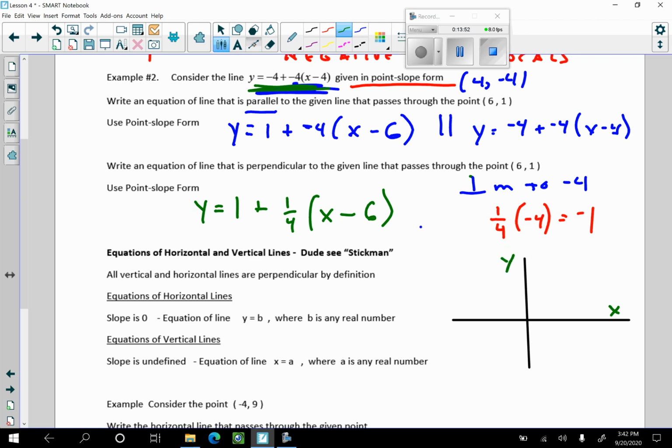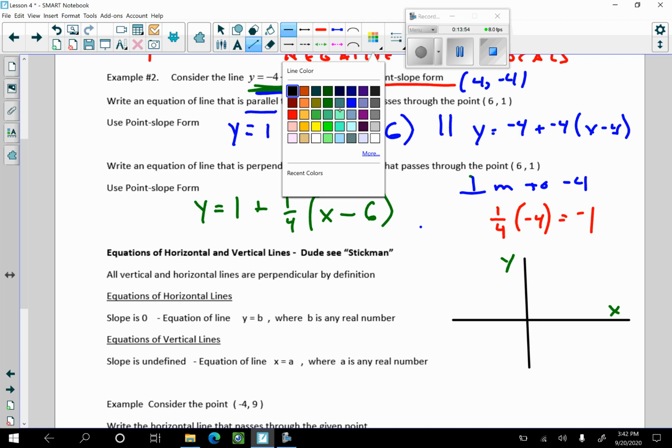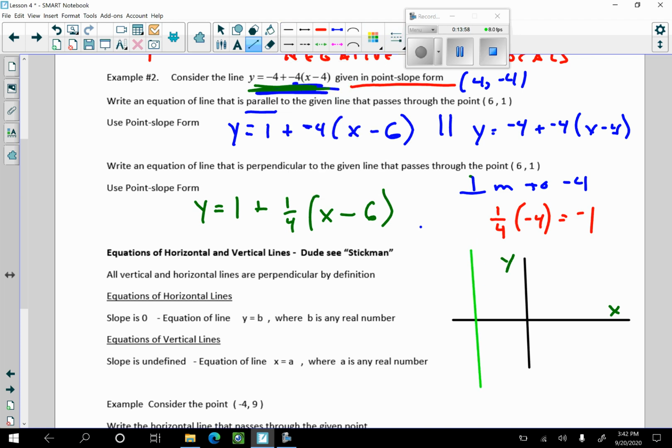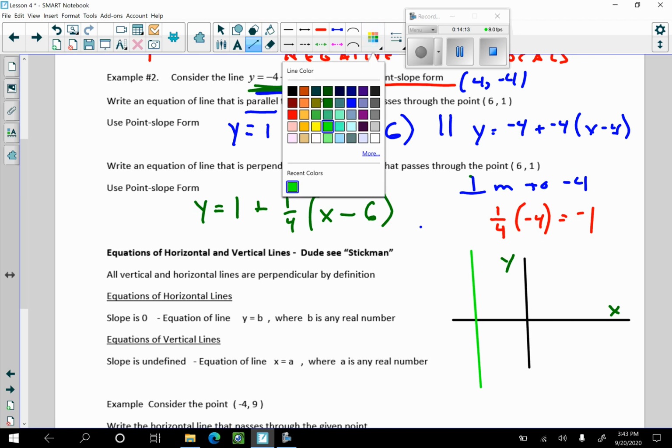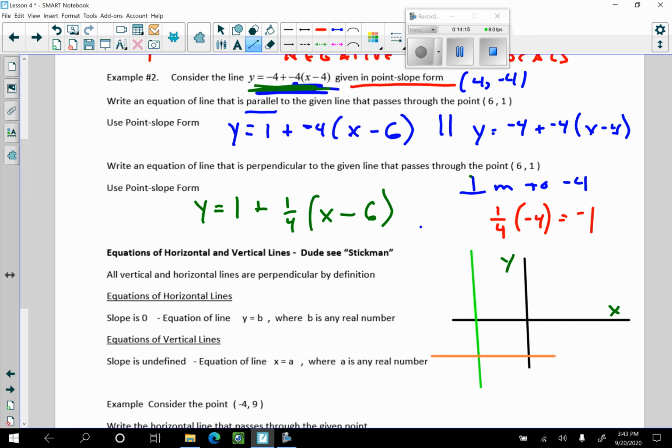So a vertical line is going to look like this. We'll do vertical lines in green. That's a vertical line. These two lines are parallel. A vertical line, by definition, is parallel to the y-axis, and all vertical lines are perpendicular to the x-axis, and they're also perpendicular to horizontal lines. By definition, horizontal lines, let's go orange, are parallel to the x-axis. So this is a horizontal line, and this is a vertical line.